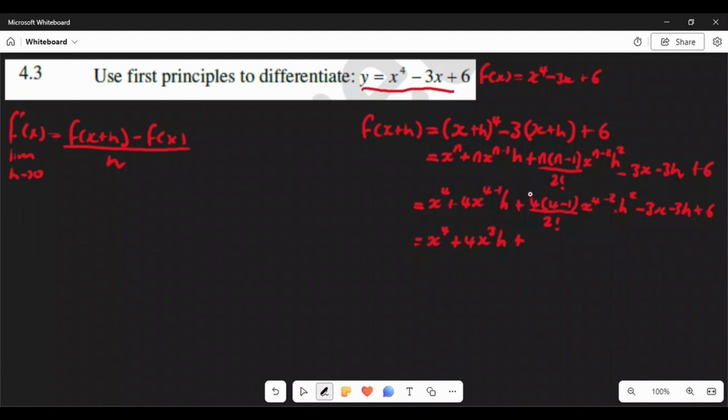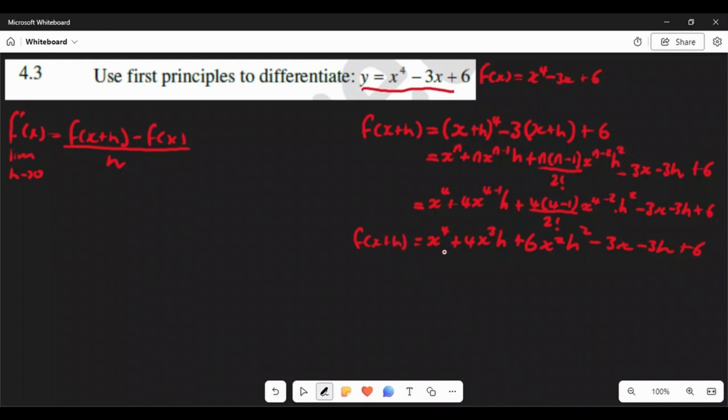Now you take your calculator, then you insert 4 open bracket 4 minus 1 close bracket divide by 2 factorial, and when you do this, this is gonna give you 6, right? And then you look at your x, you have 4 minus 2 as an exponent, so it's gonna give you an exponent of 2, so you have x squared, and then multiply by h squared minus 3x minus 3h plus 6, right? So basically this is our f of x plus h.